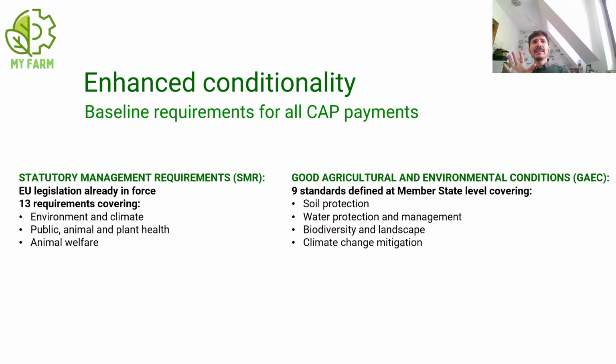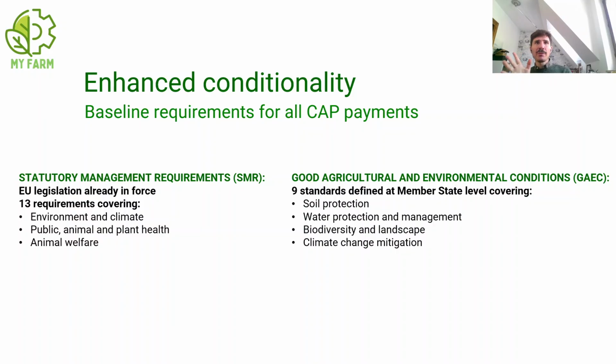The conditionality is divided into two blocks. The first block is the statutory management requirements, regarding the EU legislation already in force. There are 13 requirements covering environment and climate, public, animal and plant health, and animal welfare.